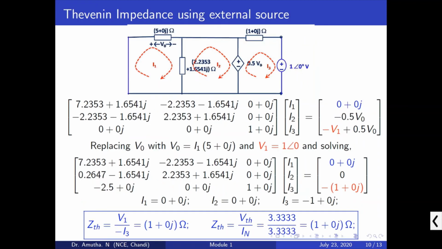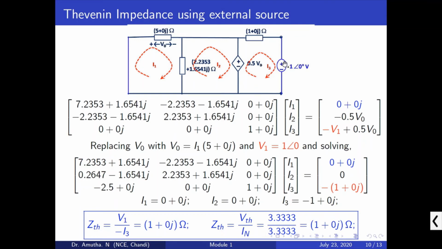Now we are trying to find out the Z Thevenin. Z Thevenin can be found in two ways, as I said already. The first one is that Z Thevenin can be found using the Thevenin voltage as well as IN, the Norton current. Thevenin voltage and Norton current we have already found out. From those values we can calculate the Z Thevenin.